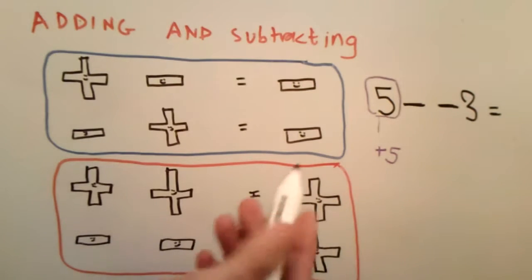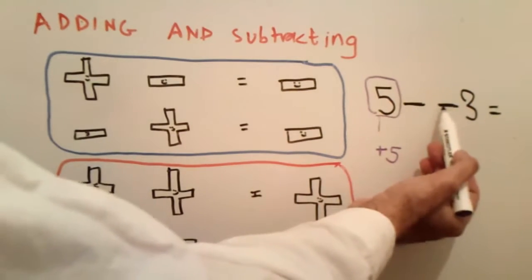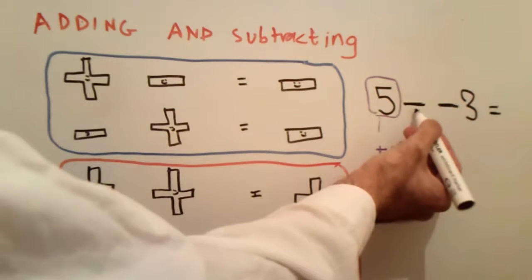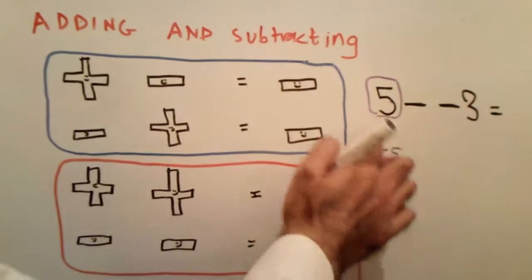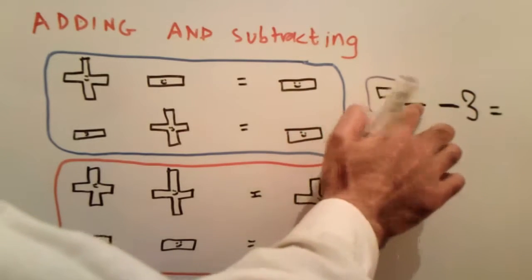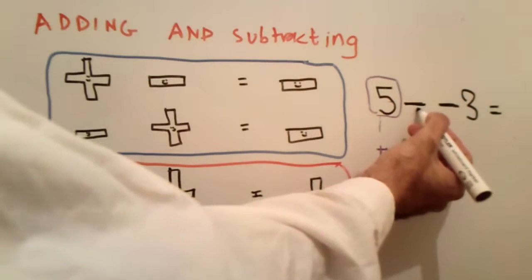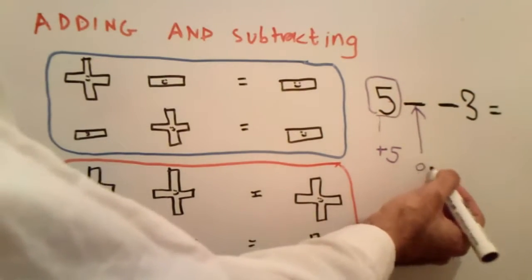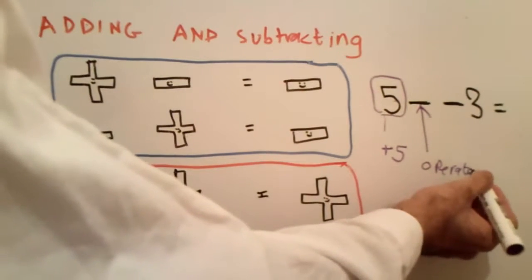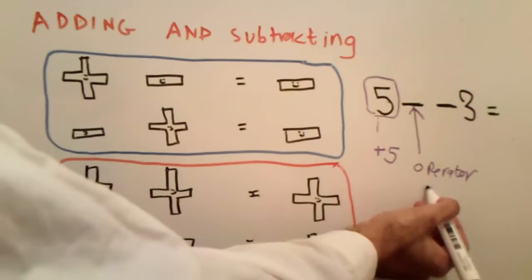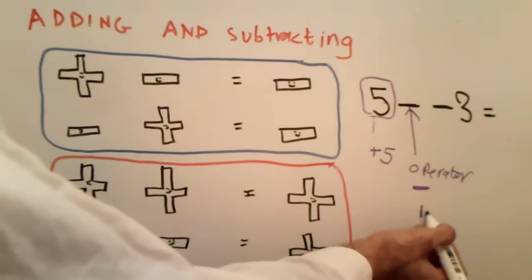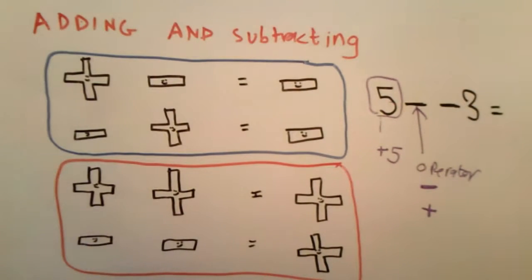Now it gets a little bit confusing, because now we've got to understand two things. What this is saying is it's positive 5 minus, or take away, or subtract. So this bit here is the operator. For example, are we taking away, subtracting, minusing, or are we adding? So that's our arithmetic operator here.